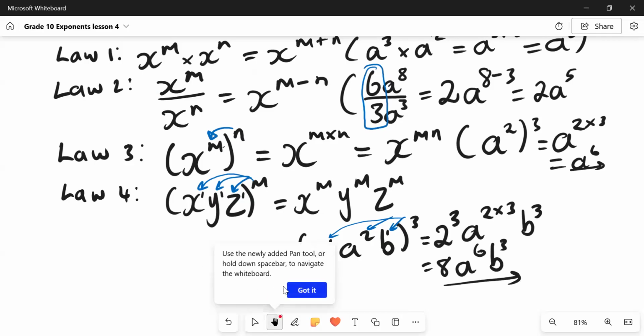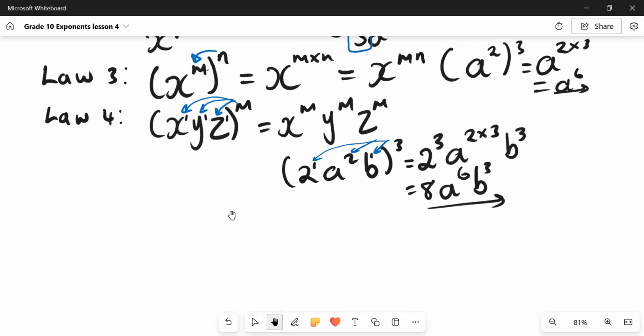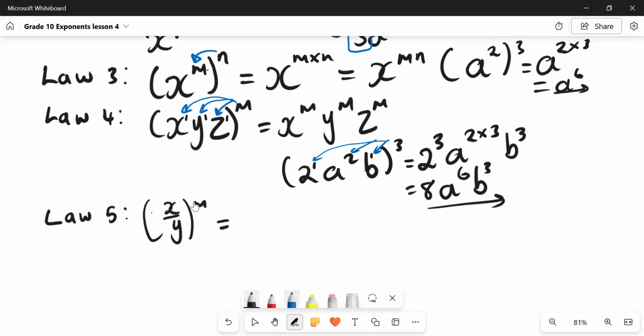Let's move to law number 5. Again, it's about removing the brackets, but you make sure that you share the exponent of m.